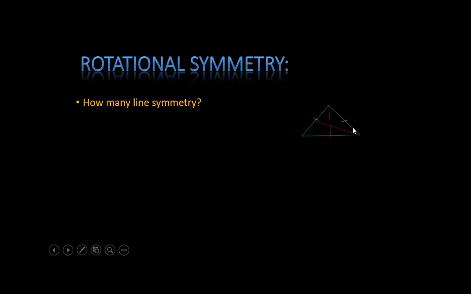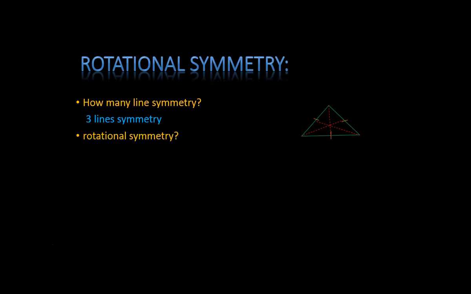Also, this part is equal to this part. Also, I can draw a line symmetry from here. This part is equal to this part. That means how many line symmetry do we have? Let's count. 1, 2, 3. We have 3 line symmetry. Let's check if the answer is true. Yes, 3 lines of symmetry.